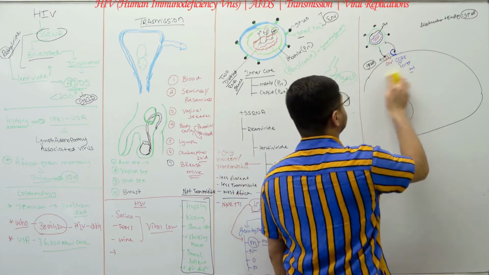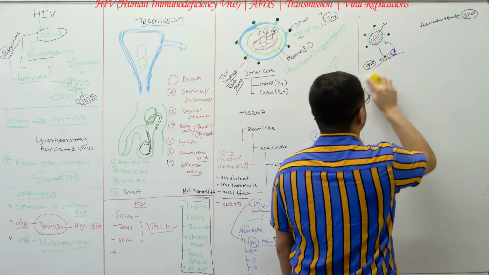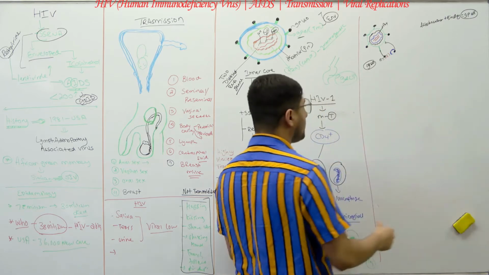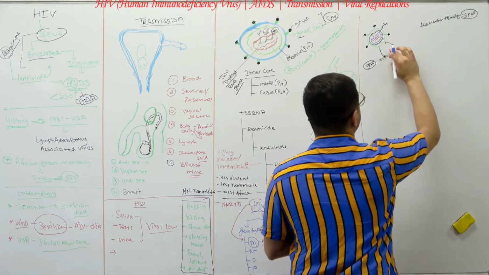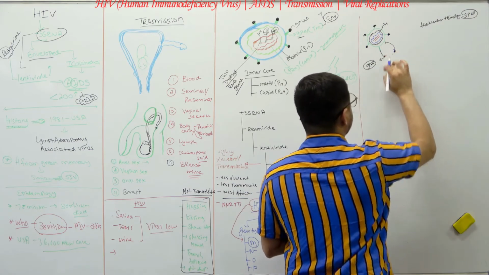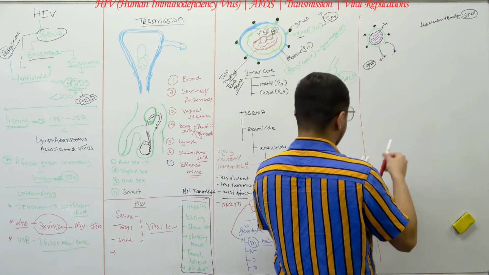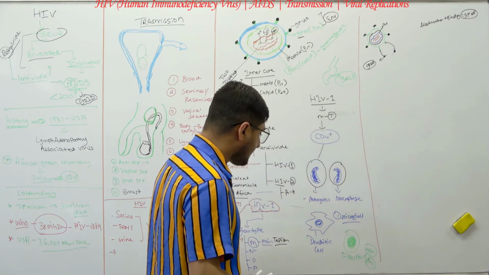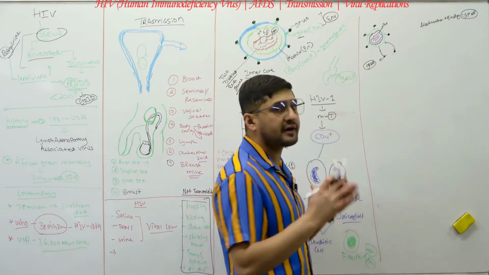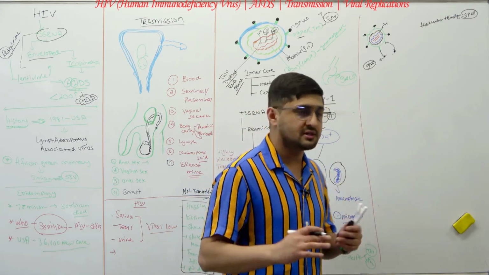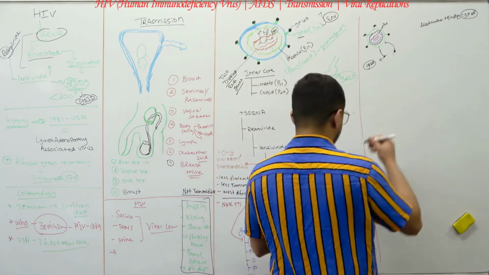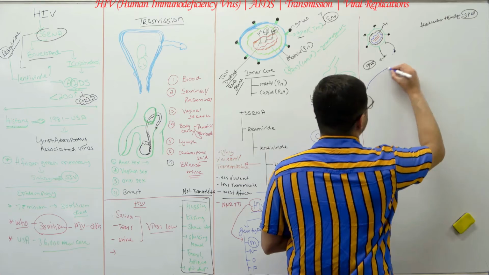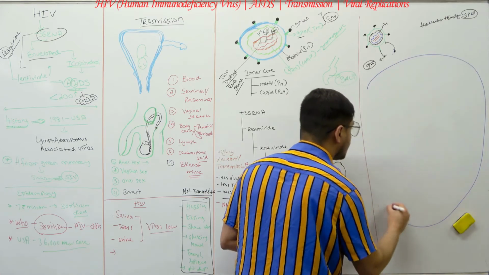Let's use one example, a T cell, or it could be one of those cells like macrophages or dendritic cells. We'll use one example, and this applies for all those CD4 positive cells. Let's say this is the cell.